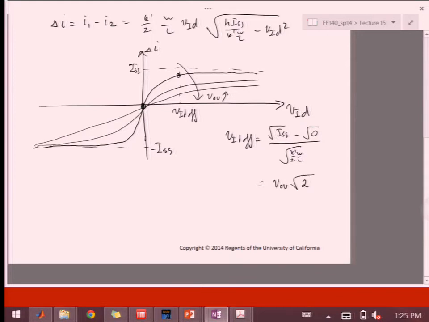And this overdrive is really VGS minus VTH when VID equals 0. So I'm talking about the overdrive not when you're fully switched, but when each of the transistors conducts ISS over 2.